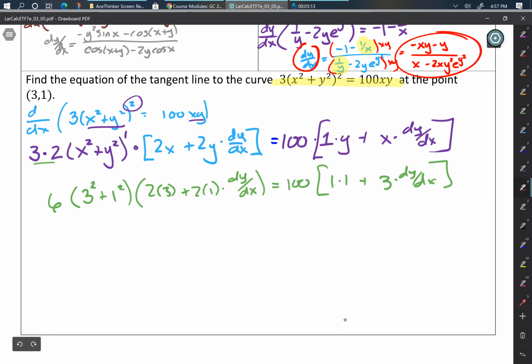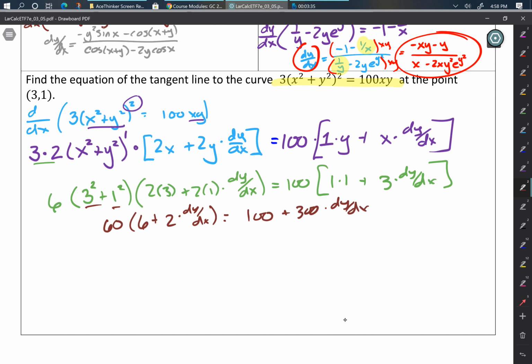Working for the left over here, 3 squared is 9 plus 1 is 10. 6 times 10 is 60. So we're looking at 60 times 6 plus 2 times dy/dx is equal to 100 plus 300 times dy/dx.